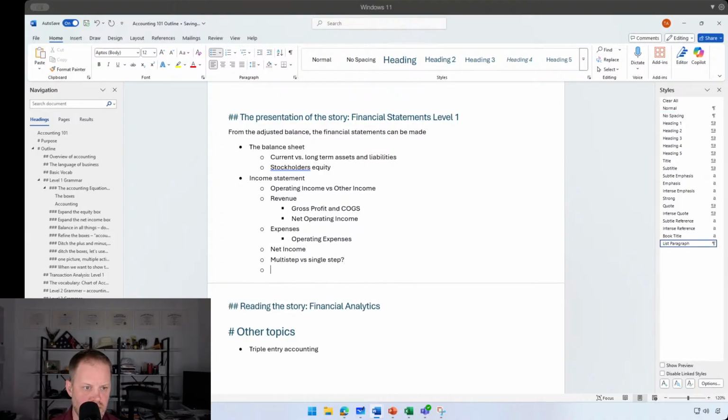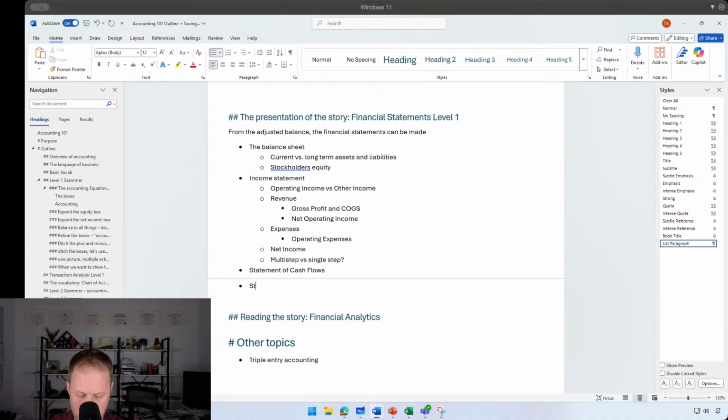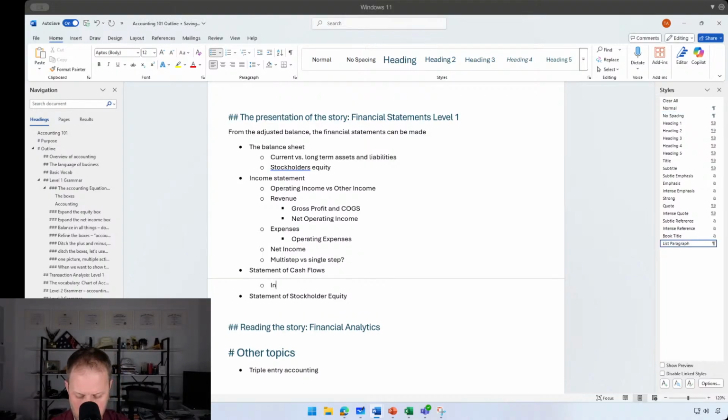Then statement of cash flows. When do we introduce investing, operating, financing activities? All right.